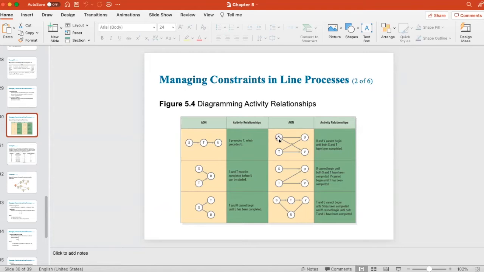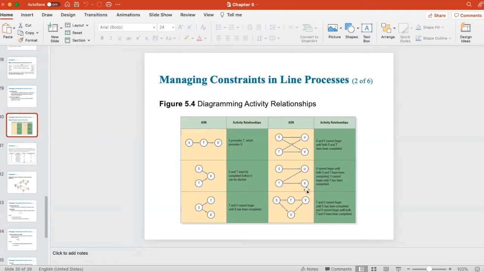Here you have to complete both task S and also task T before you can start to work on both task U and task V. If we move to this structure, in order to start to work on task U, you have to complete both task S and task T, because you have both arrows from S to U and also T to U. However, in order to start task V, as soon as task T is completed, you can start to work on task V. That is the difference between task U and task V.